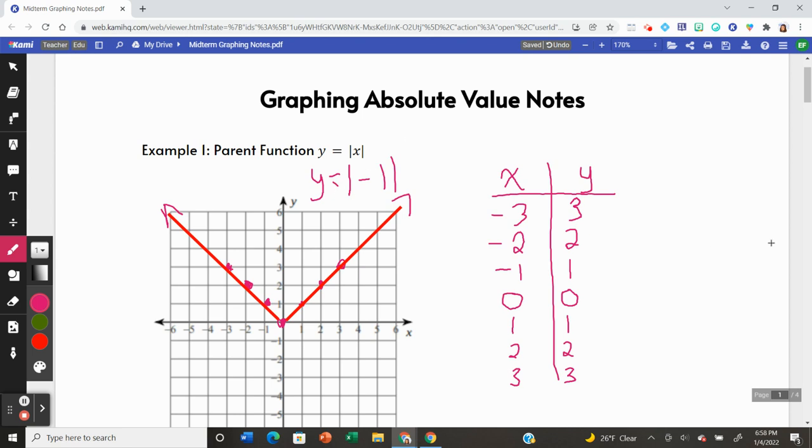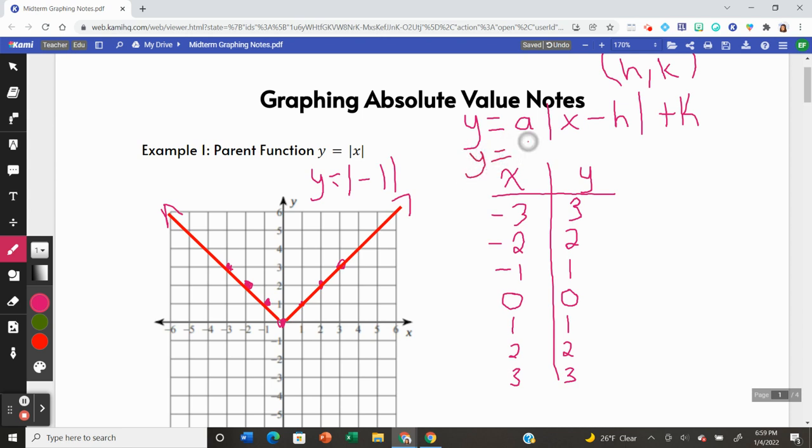We can also think about this as our general equation for an absolute value function: a times the absolute value of x minus h, plus k, where h and k represent our vertex. Our function does not look like it's in that form, except where it really is. We just don't have a lot of information.